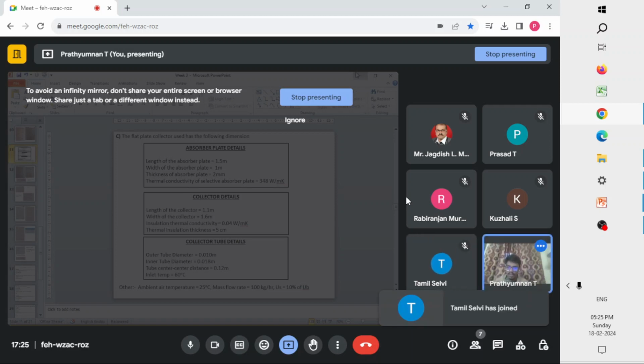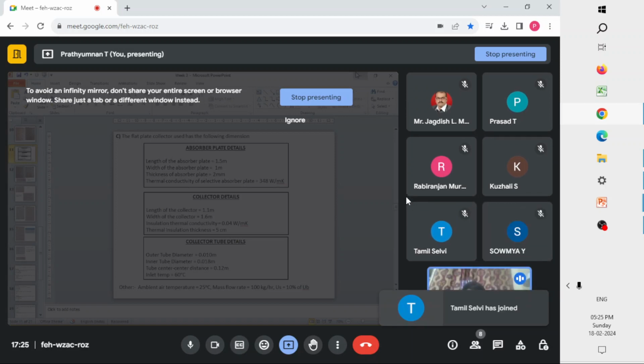So if you have any doubts, do let me know now, so that before proceeding towards calculating the efficiency of the flat plate collector, we can rectify any queries from your side.